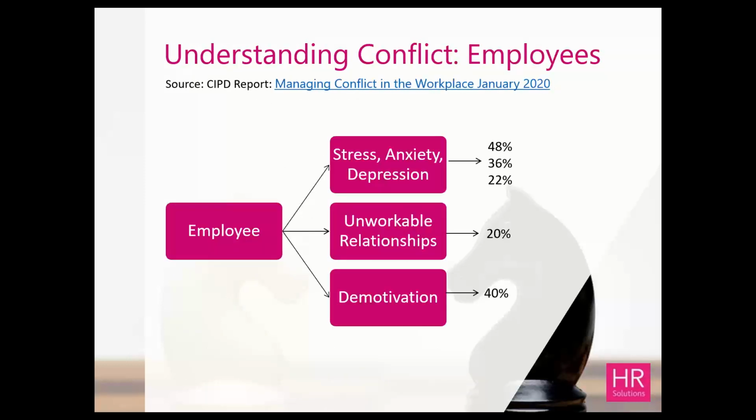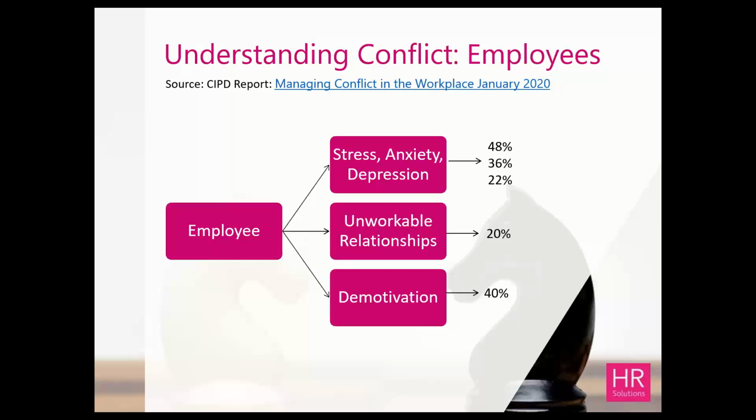So if we look at conflict from the employee perspective and from the research that was carried out by the CIPD, they identified from their findings that conflict can lead to stress, anxiety and depression, unworkable relationships, as well as demotivation.